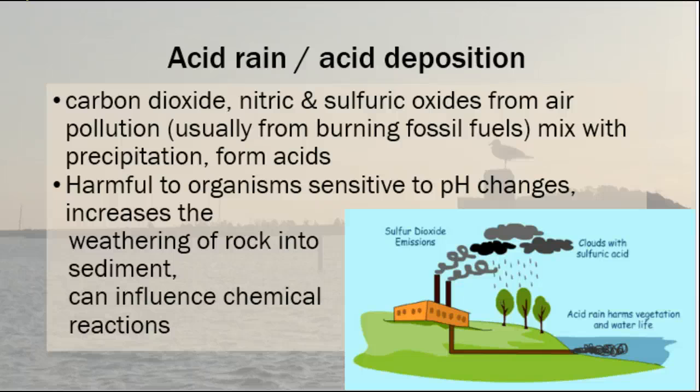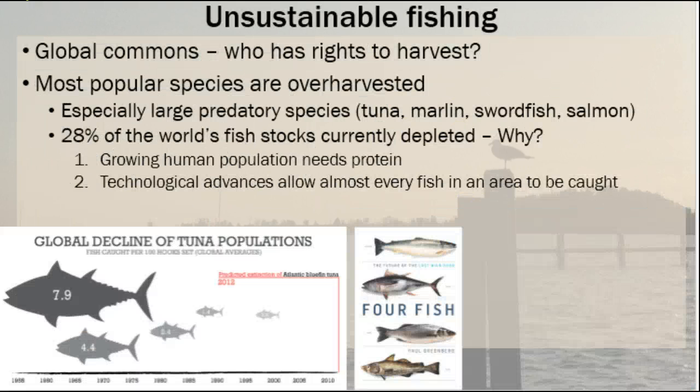Acid rain, remember, is also a global issue, and this we've also talked about already, where these compounds will combine with water and form these acids, and then that comes down as rain, and that can harm the organisms. We need to talk about, and again, this is not really a pollution issue, but we should talk about some unsustainable fishing practices.